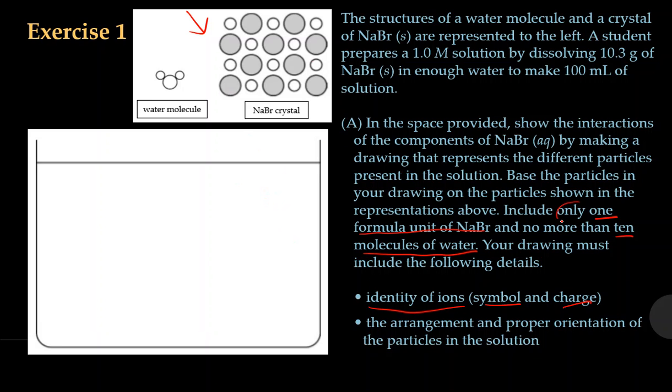And we only want one formula unit, so we need NaBr put in there, and we need to kind of follow their diagrams there. So I'm going to make it a little bit bigger than up here, but the ones with the white circles, the ones with the darker gray circle here, which one is the sodium, which one's the bromine or the bromide? That's going to be bromide.